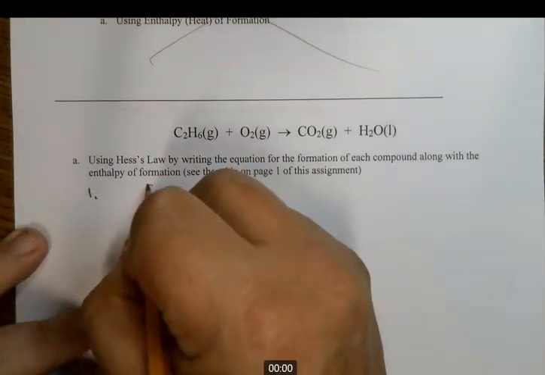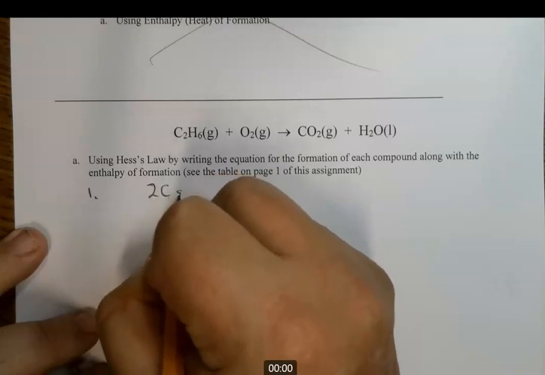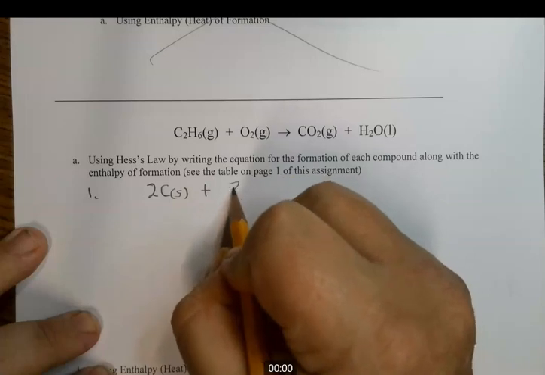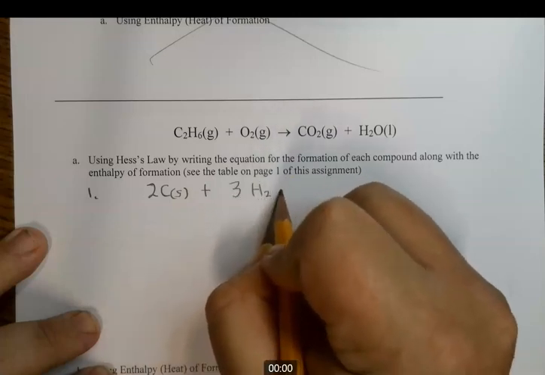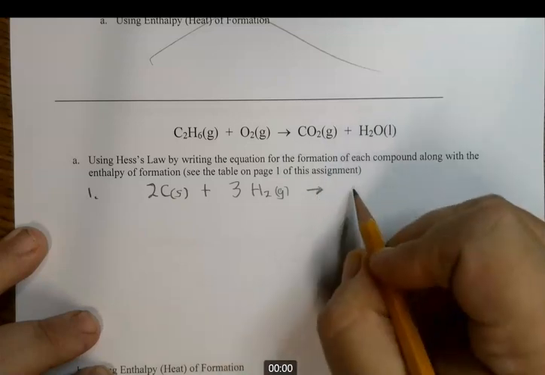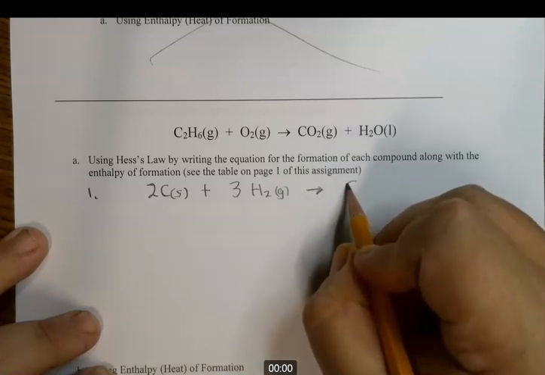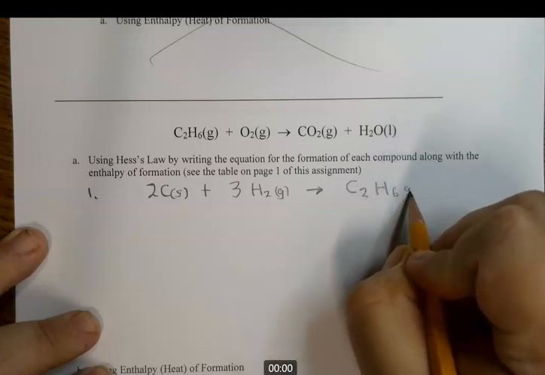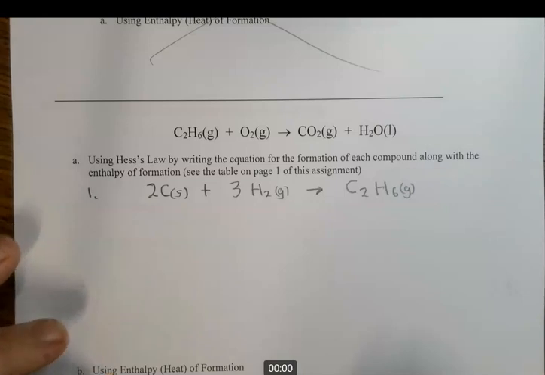So number 1 is going to be 2 carbons in the graphite form, solid, plus I'm going to need 3 H2 molecules, which are in gas form. And that's going to give me 1 mole. Everything has got to be for 1 mole of whatever the compound is that's being formed. That's the rules for enthalpy of formation.